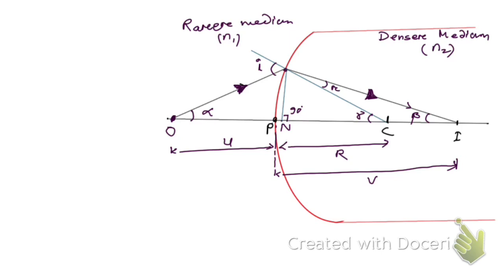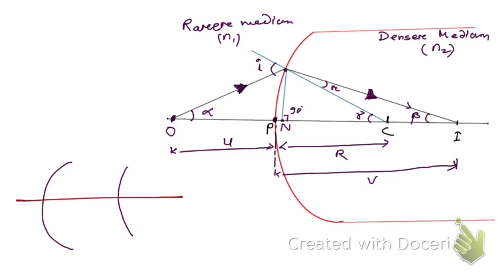The aperture is assumed to be very small, so that this point N is very close to P. Suppose you have taken two curved surfaces, this one and this one. There is a clear difference between the apertures of these two surfaces. This is the principal axis in both cases.